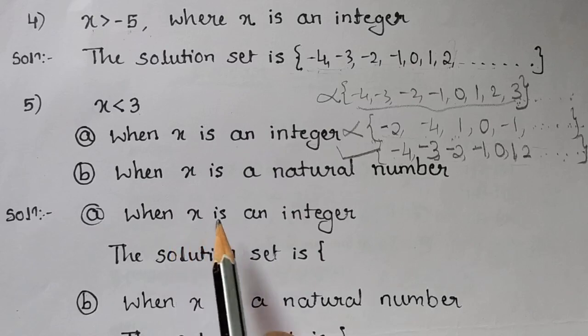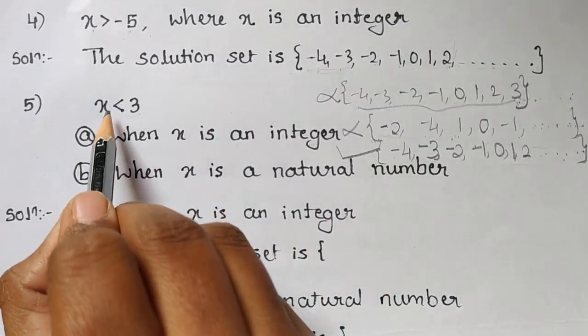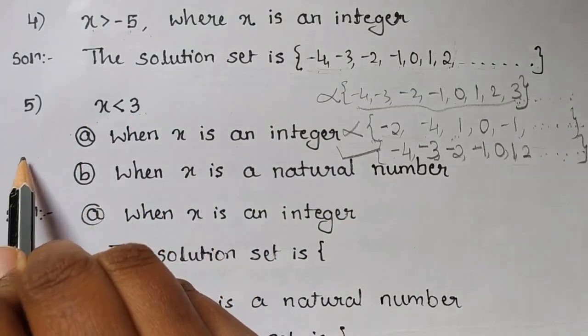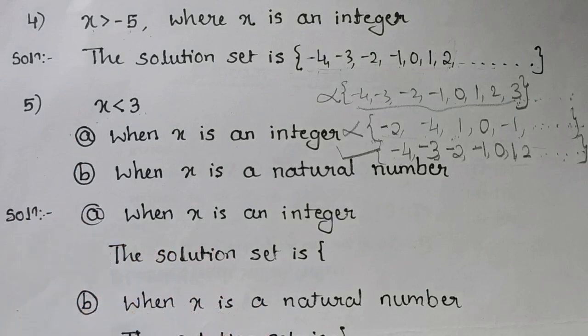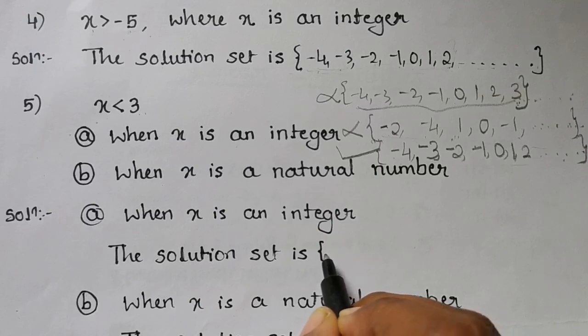First one, when x is an integer, the integers which are less than 3 are 2, 1, 0, minus 1, minus 2, and all other negative integer values satisfy the inequality. So the solution set is all negative integer values, which means we have to start from minus infinity.